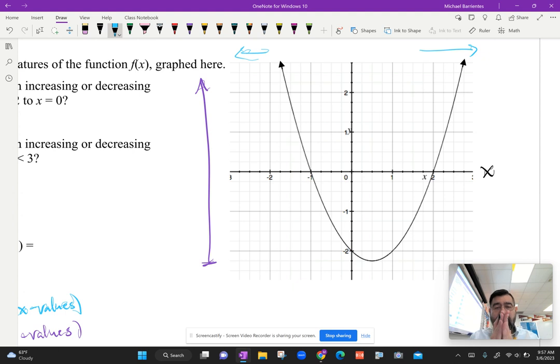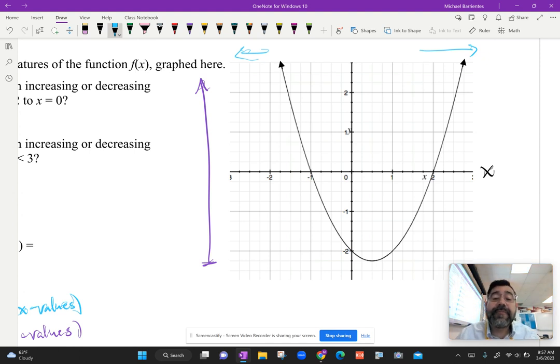So I want to see what's the biggest window where this graph exists. The graph has to exist, but what's the smallest x value that it exists? What's the largest x value? And then the same thing for the range, right? We're looking for the y values that the graph exists. So what's the smallest y value that the graph exists? What's the highest y value that the graph exists?